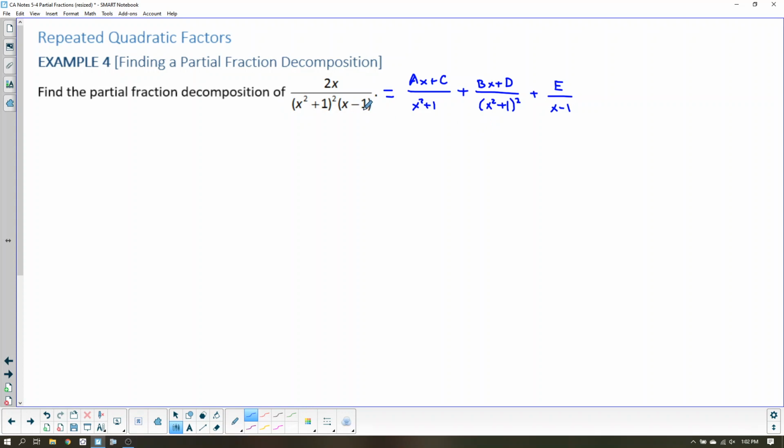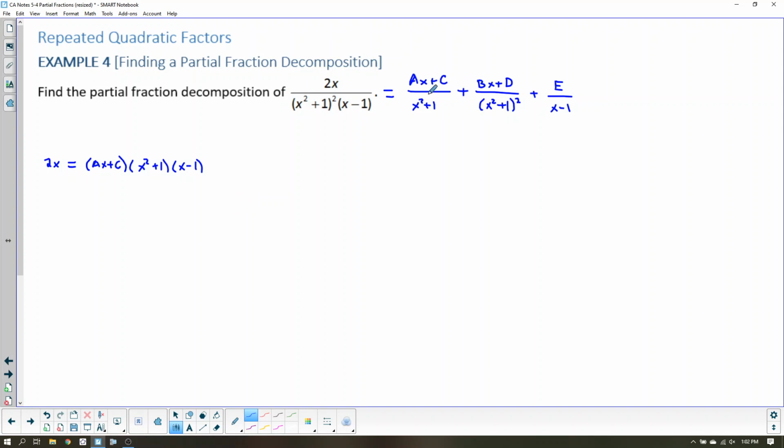Next step is the same as all the other ones. Take the denominator, multiply it by each of the terms. So that will look like this. All right, when I multiply this by that factor, one of these cancels, but you still have one left over. And we have this x minus 1 as well.